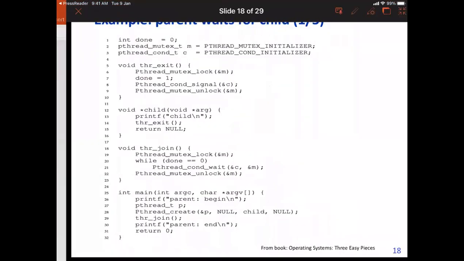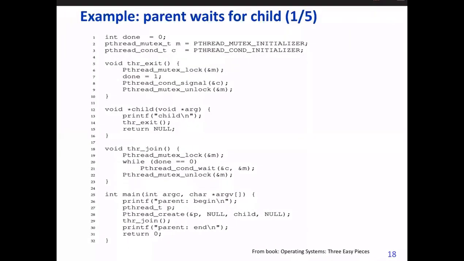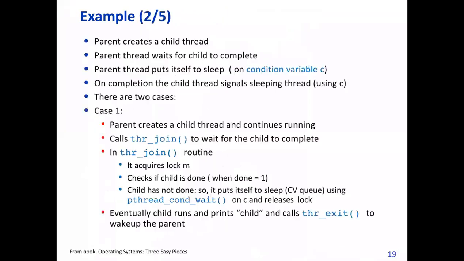Now let's execute it. I'm not running this program, but we will see what happens. So we read this first. The parent creates a child thread, and the parent thread waits for the child to complete. That's what we want, because we want to implement a kind of wait. The parent thread puts itself to sleep using condition variable c.